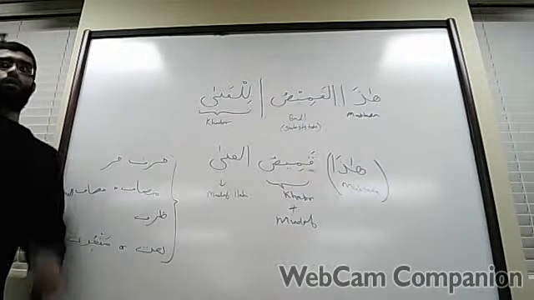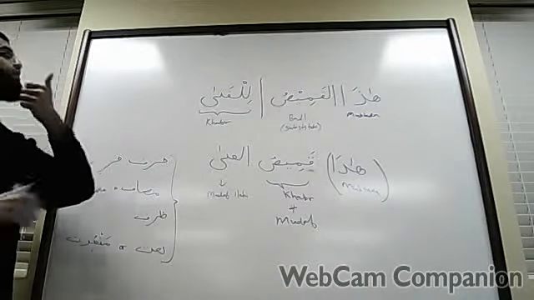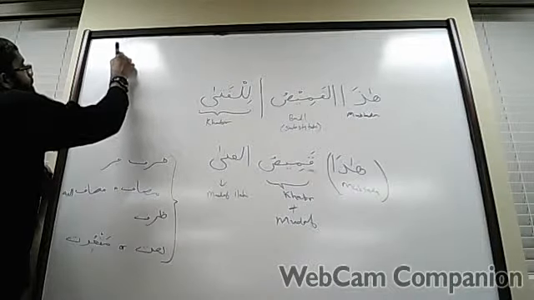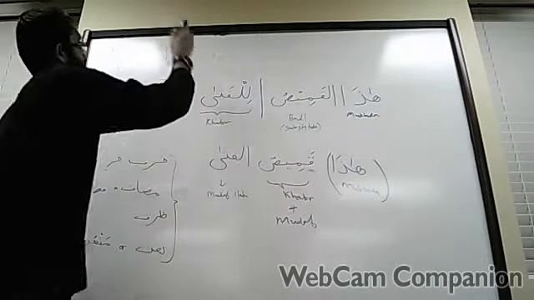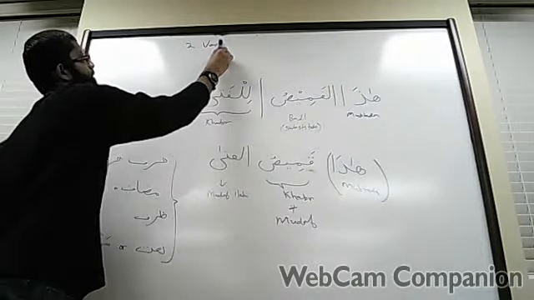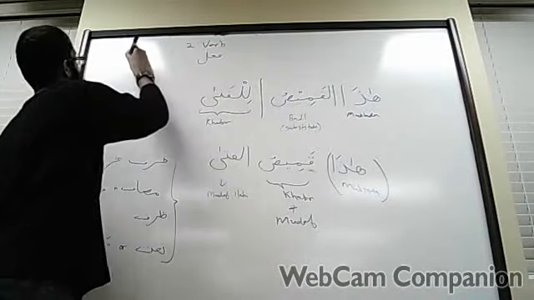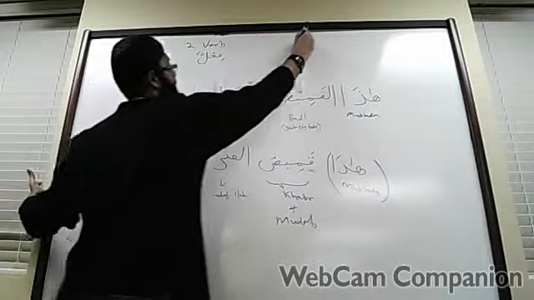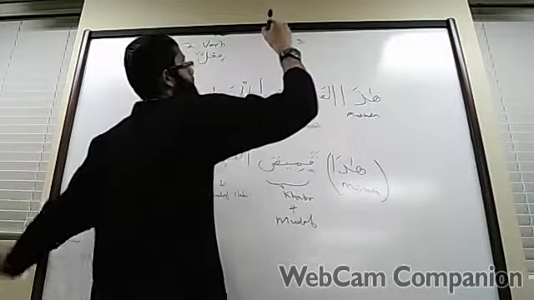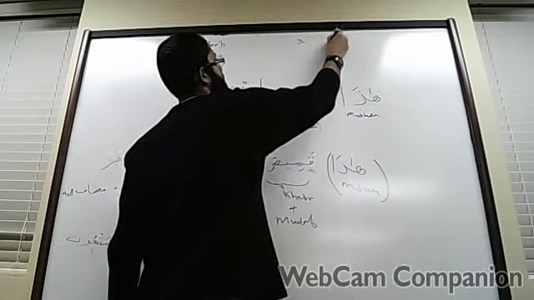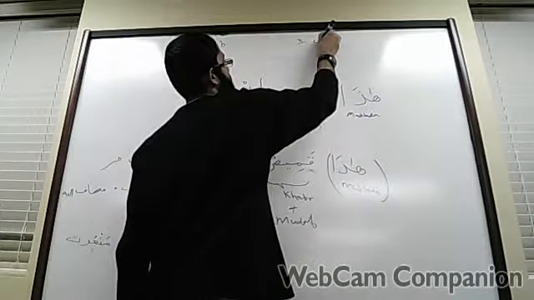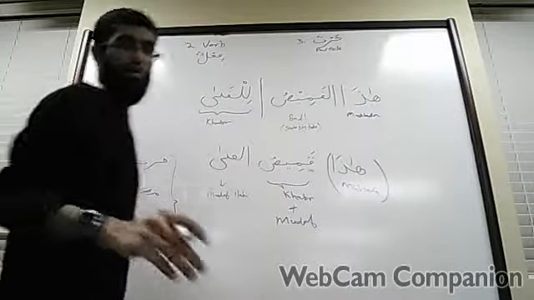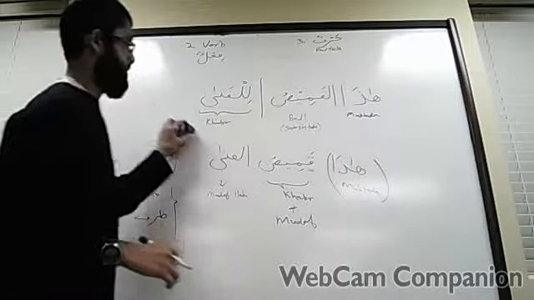Any word in Arabic can be classified as a noun, which in Arabic is called ism, or it can be classified as a verb, which is called fi'lun, and then the third type is called harf, right? Particle. I'm gonna erase this.